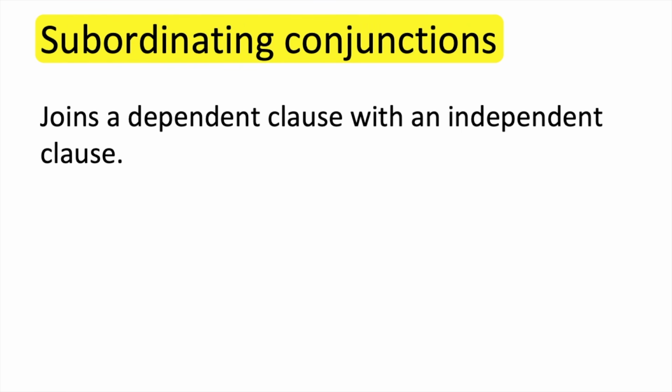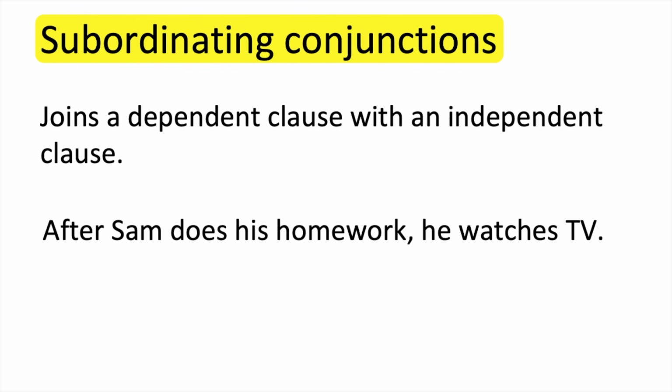Another example is, after Sam does his homework, he watches TV. So as we can see here, after Sam does his homework doesn't make sense on its own. We would require more context to understand what the clause is about.